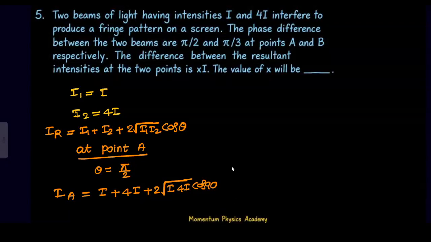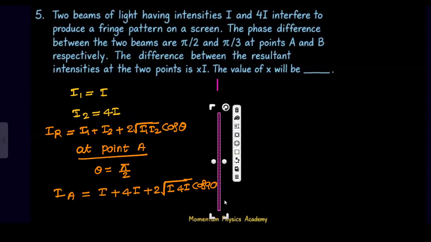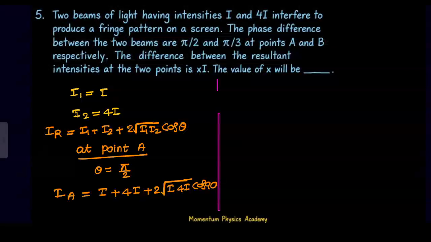Cos 90 is 0, so the resultant intensity comes to 5I.